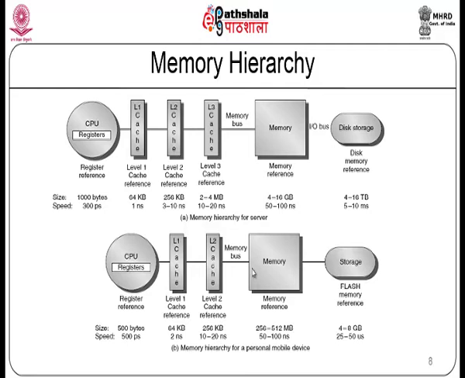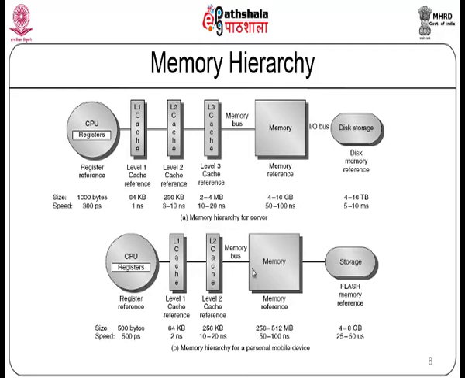And when you come to the main memory, the size is considerably large, we are talking in terms of gigabytes of storage these days, and it is hundreds of nanoseconds. And disk storage, of course, you talk about TBs of storage these days, and the access time is in terms of milliseconds.